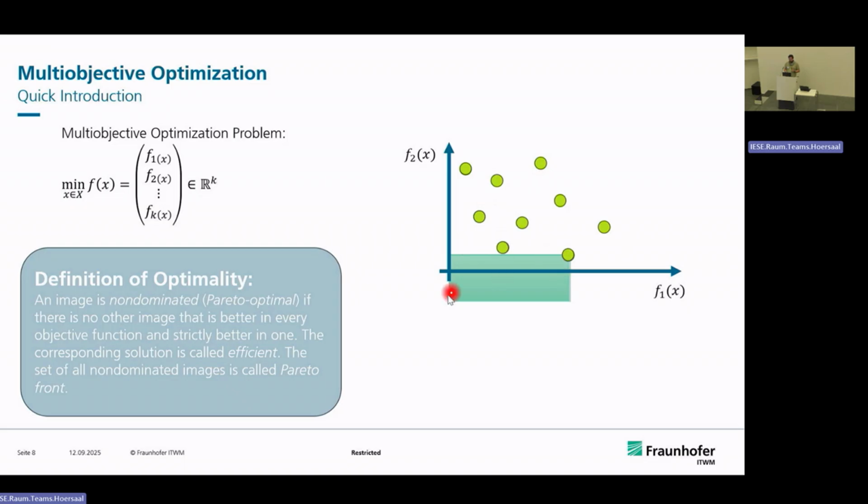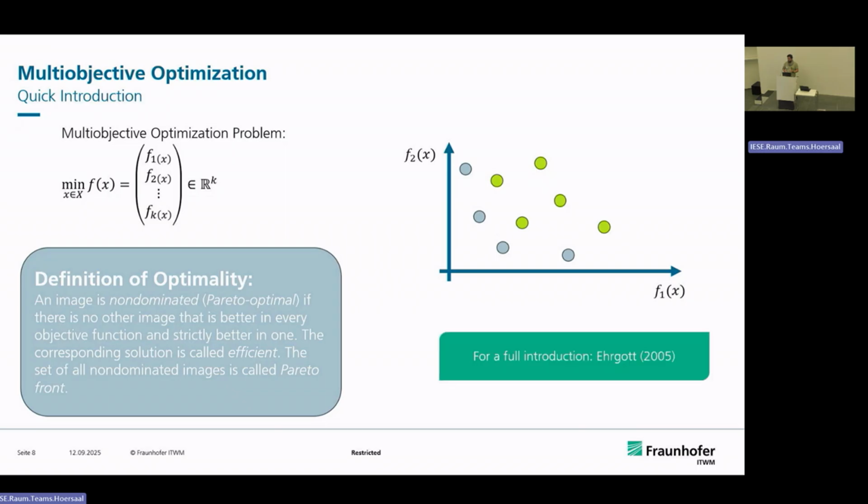So there's nothing here in this green area, and thus this is a solution that is Pareto optimal or non-dominated, and the corresponding solution is called efficient. And the set of all of these non-dominated solutions, now marked in gray, is the Pareto front or the Pareto optimal set.